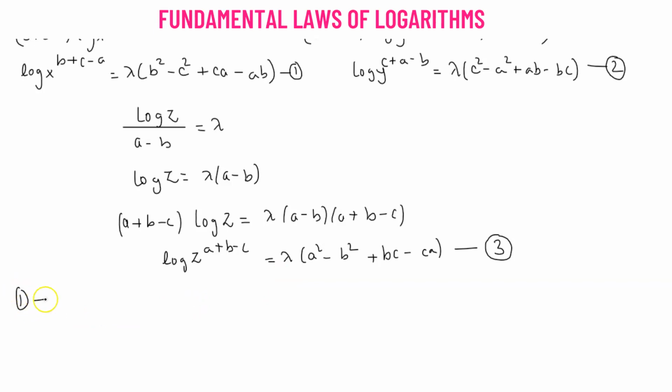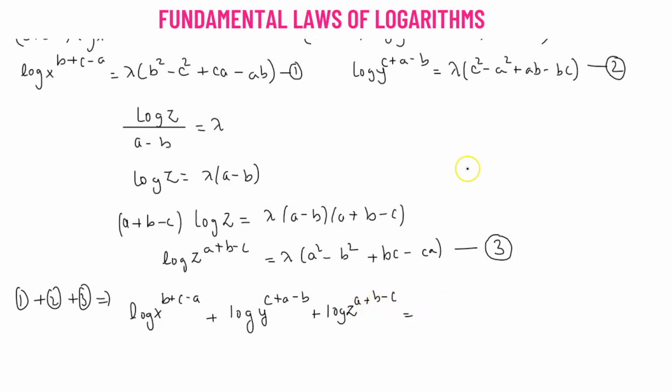Adding 1, 2 and 3, this is going to give us log of x raised to the power of b plus c minus a plus log of y raised to the power of c plus a minus b plus log of z raised to the power of a plus b minus c equals, we'll add all the terms on the right hand side.